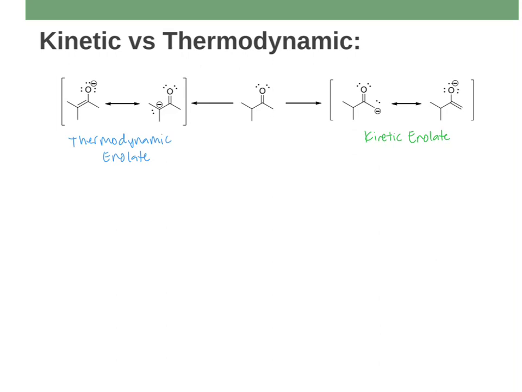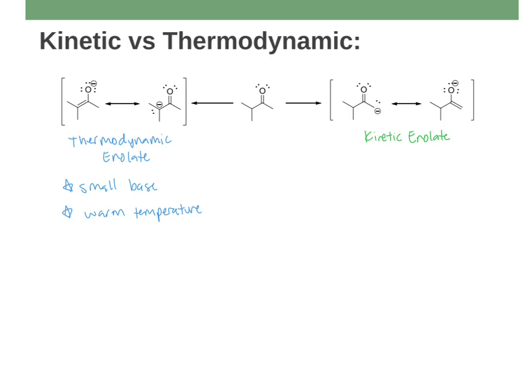And if I want to get the thermodynamic enolate, what I want to do is I want to use a small base. And I want to do kind of warmer temperatures. Because I want to not have to worry about that activation energy difference being an issue.